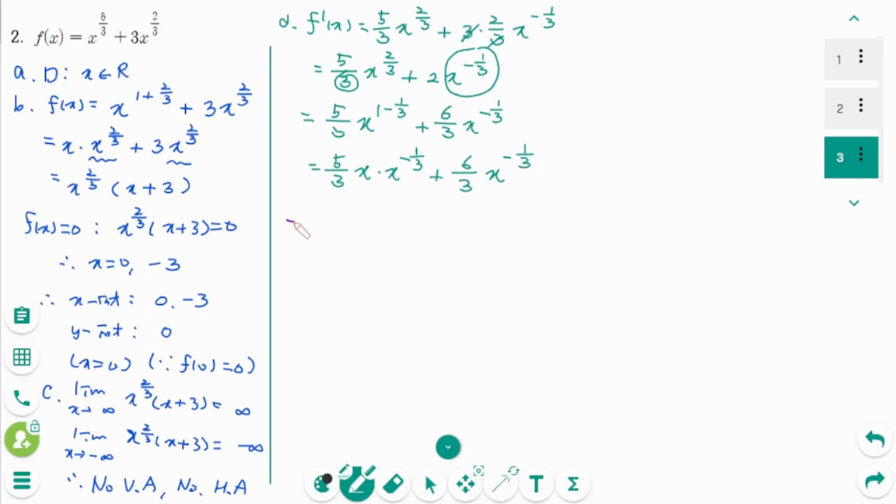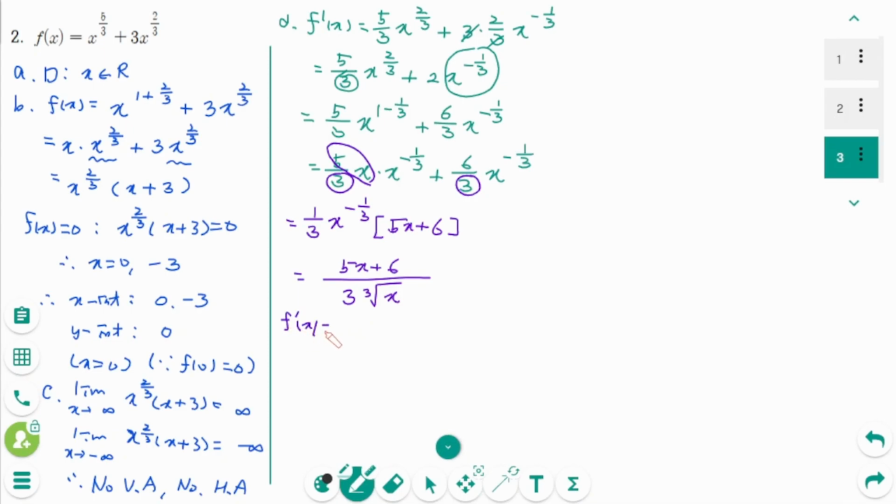Then take out the common factor, 1 over 3, then x to the power of minus 1 over 3, then 5x plus 6. Then we can rewrite as (5x plus 6) over 3 times the cube root of x. Then f prime of x equals 0.